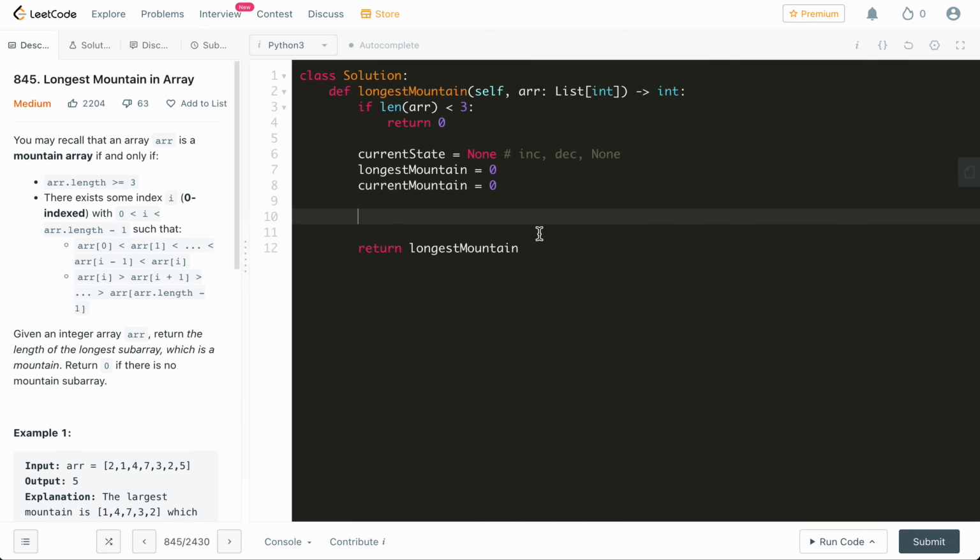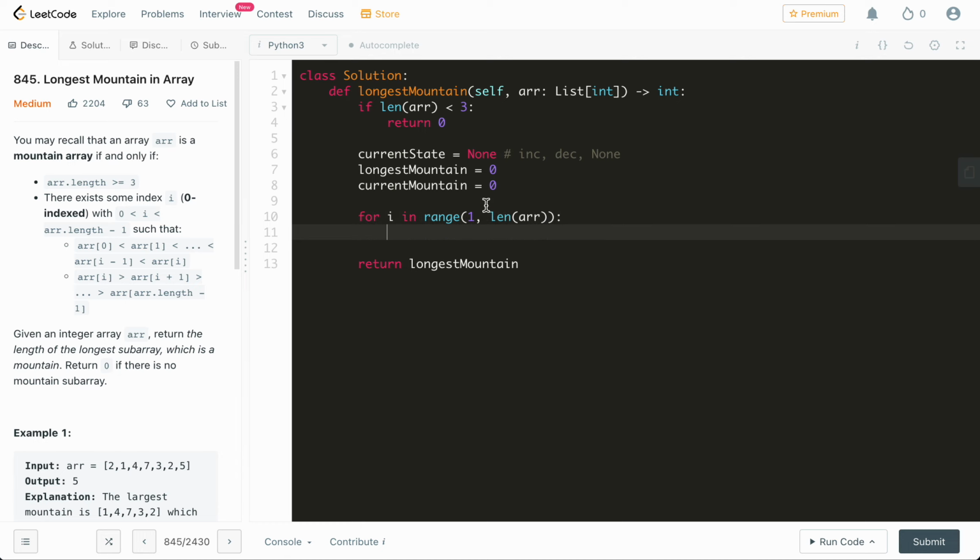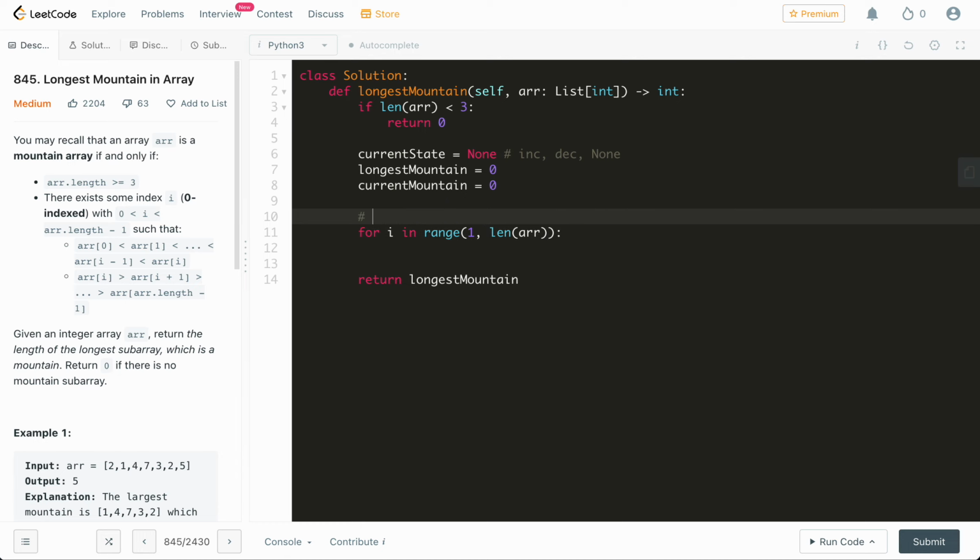Let me show you what I mean. So for i in range, we're going to start at 1, and we're going to go to the length of the array, like so. If you're unfamiliar, range is start, stop, and step. And the stop is exclusive.